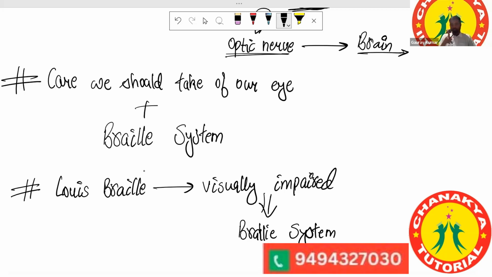Do this research by yourself. I'm only telling you that this is a system developed by Louis Braille, with the help of which people who have visual impairment are able to read.